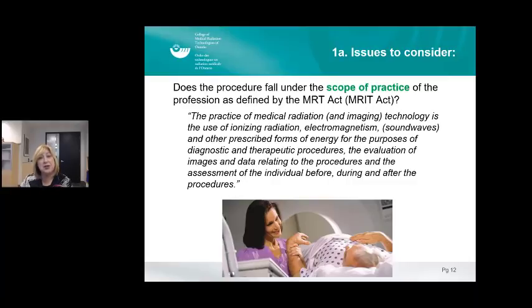So that's the description of what it is that medical radiation and imaging technologists do every single day. So the first thing is you have to make sure the procedure you're doing falls under the scope of practice of the profession.